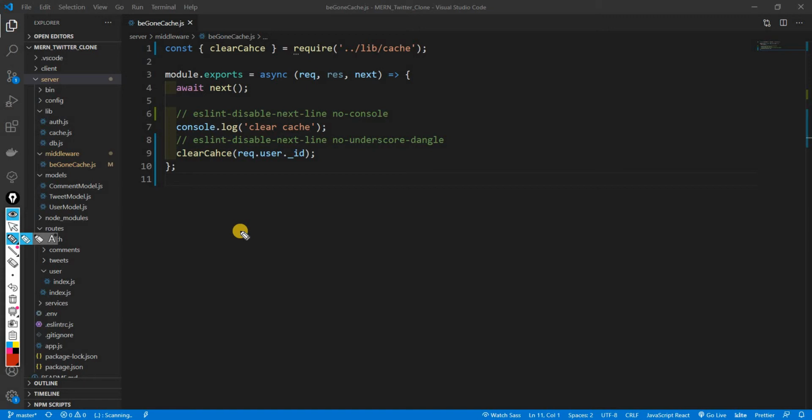So the first method of storing an image is, let's say you have your client right here, right? It goes to your server, right?